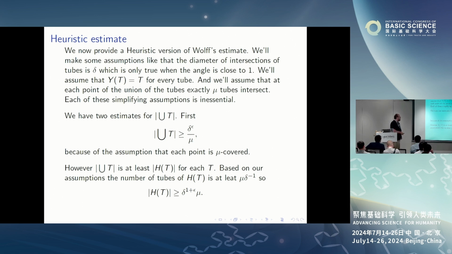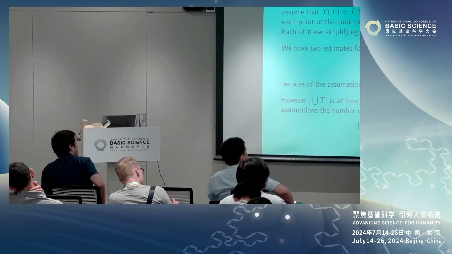But the second estimate involves how big the hairbrushes are. Each hairbrush should have at least mu delta to the -1 tubes. The reason for that is there are basically 1/delta balls where tubes can intersect.